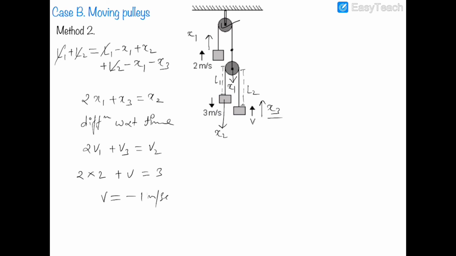Okay, now let us solve this problem by method 1, which we have discussed, the relative method of pulleys. In that previous method, we need to make some changes in this situation. I'm doing that.